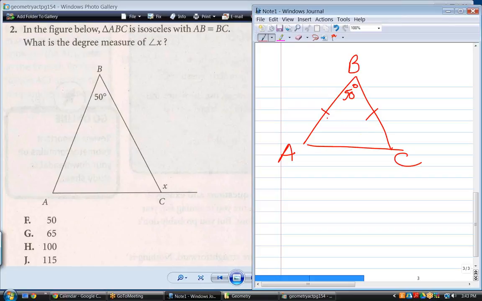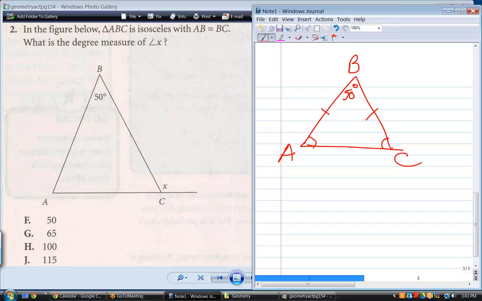In other words, the angle that's opposite to side AB is this angle C, and the angle that's opposite side BC is this angle A, and so I can say that angle A has to equal angle C. Furthermore, what's the sum of the angles of a triangle equal? 180. All three of them are equal to 180. So what is angle A or angle C?